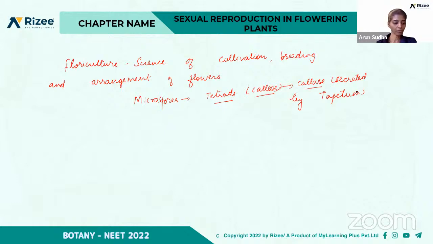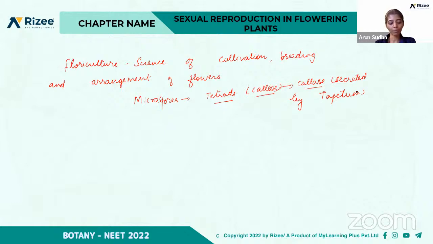The next question: which function of tapetum is correct? It helps in pollen wall formation, helps in the transportation of nutrients to the inner side of the anther, synthesis of callase enzyme for separation of microspore tetrads, all of these. So what is the correct option? Yes, D. All of these are functions of tapetum.